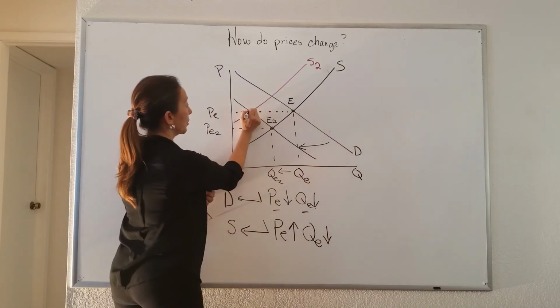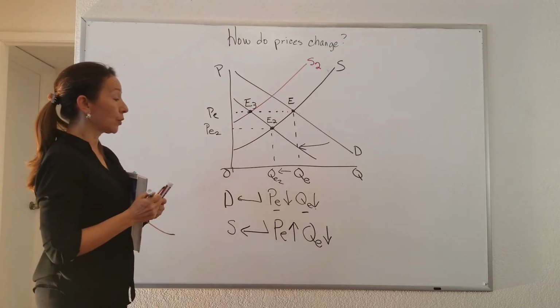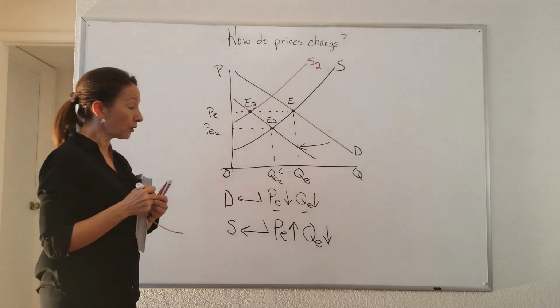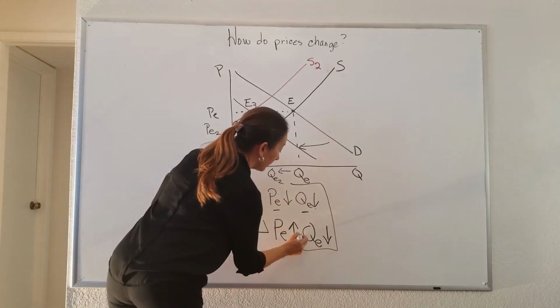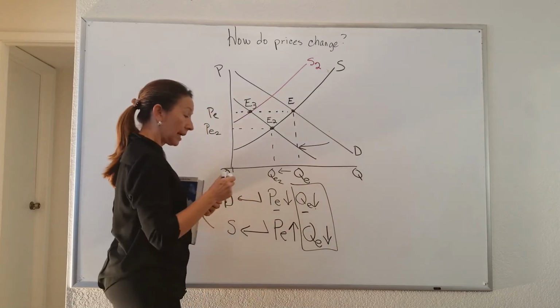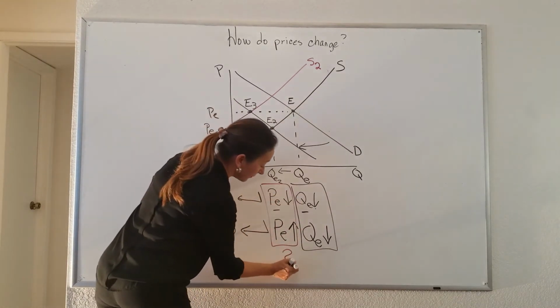Okay, so this is our new E3. So for sure, we know that when the supply curve and the demand curve both shift left, equilibrium quantity is going to go down, and we have uncertainty about the price.